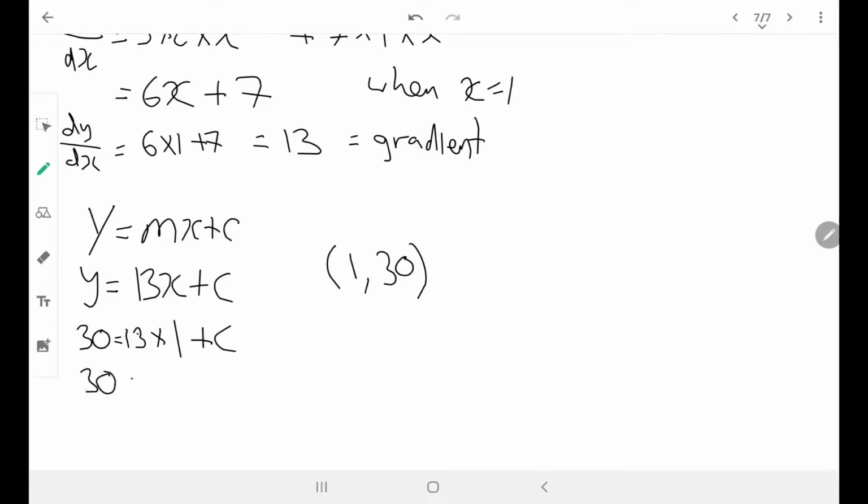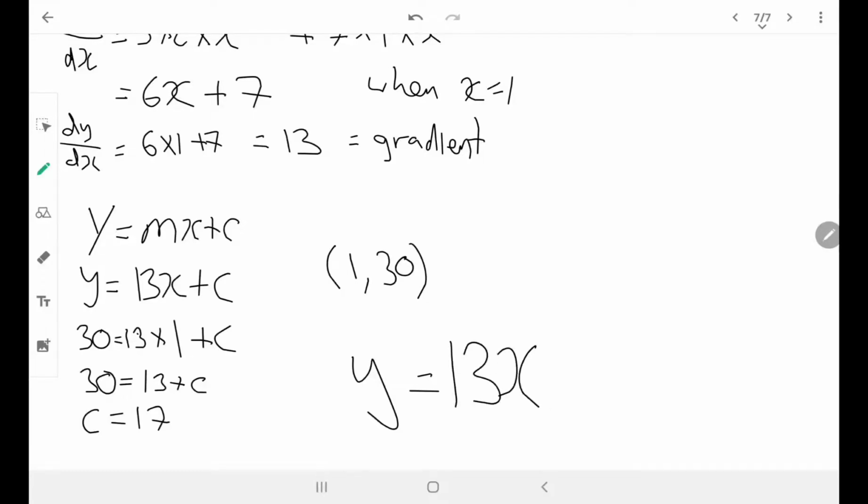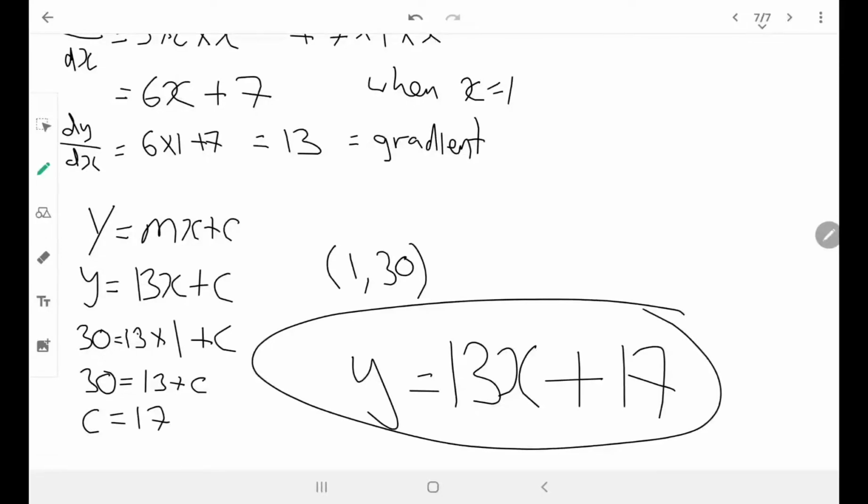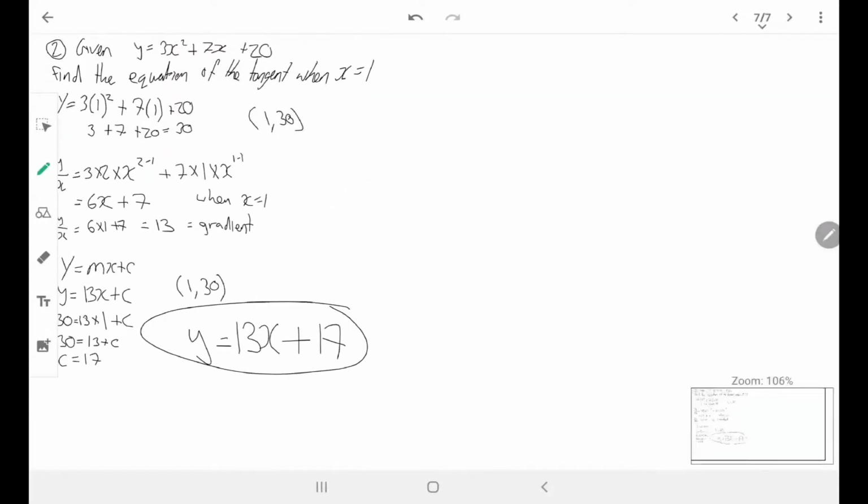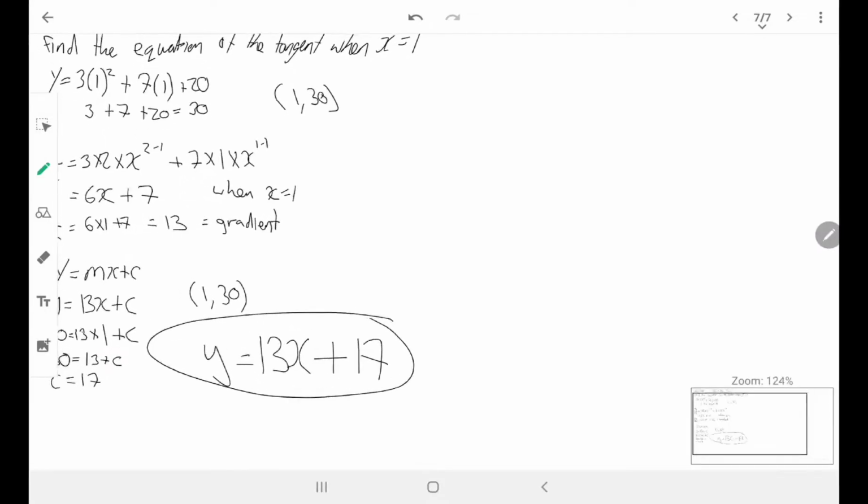So 30 equals 13 plus c, and therefore c equals 17 by taking away this 13 here. And our final thing is then to write the equation. So y equals 13x, that's our gradient, plus our c, which is now our 17. And that is the answer. So I'll have a little zoom out. You can have a little read. The side's got chopped off a little bit.